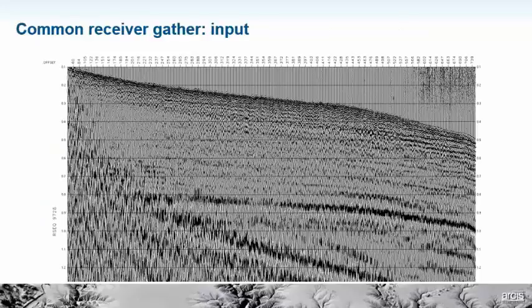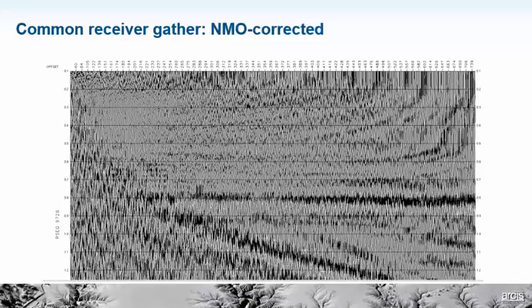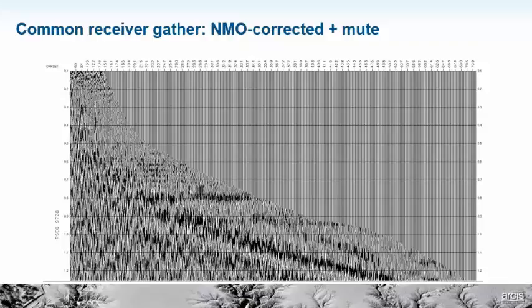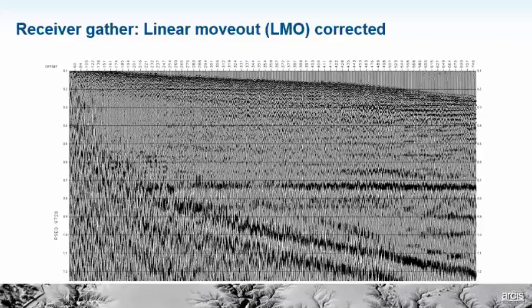So just to explain a bit further, this is one particular common receiver gather, just the input as coming from the field, and then we apply NMO to try to flatten these near offsets. As you can obviously see, the amplitude and quality of the data diminishes at near offsets, so once you apply your mute and stack, you're effectively throwing away a lot of this far offset energy.